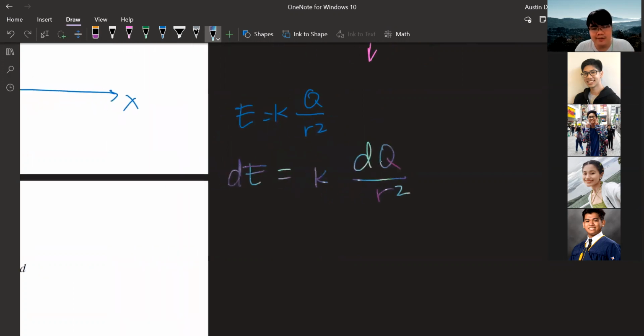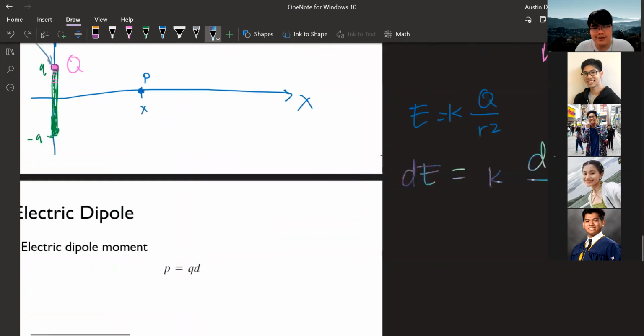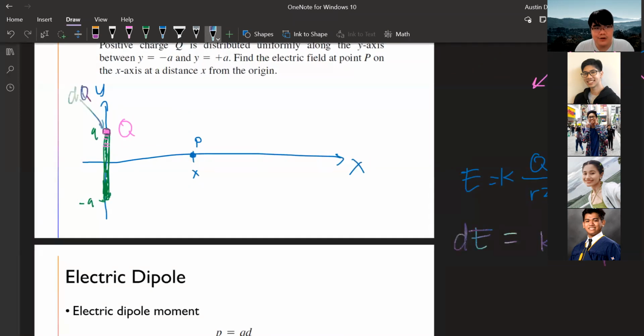Yung dq would be the smallest charge here, di ba? So yung total, yung buong rod would have q. So balik na tayo. The total would be q total. So if you want to get the small part of that, kailangan mo siya i-divide by its total length, which is q over 2a. Tama ba?